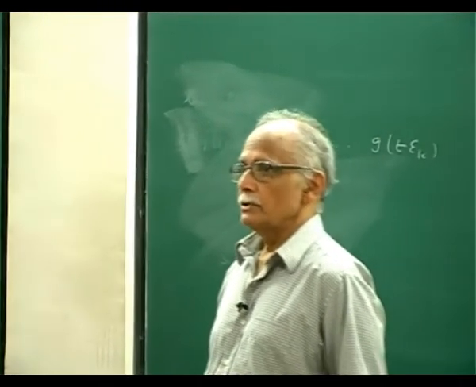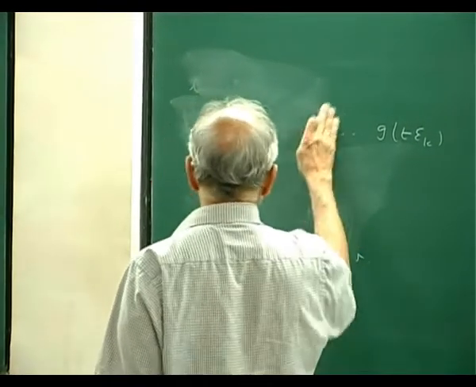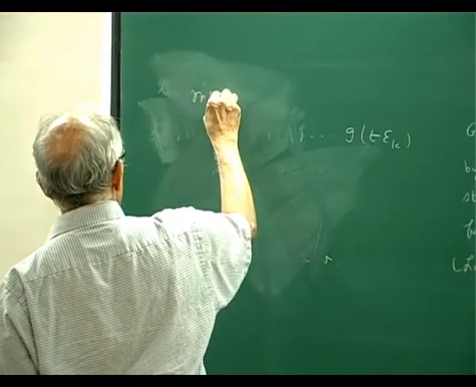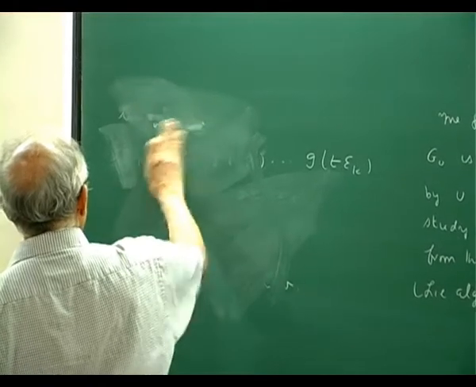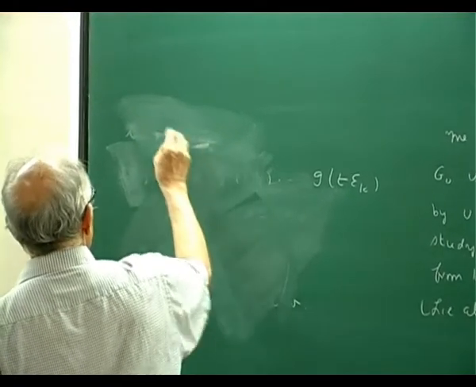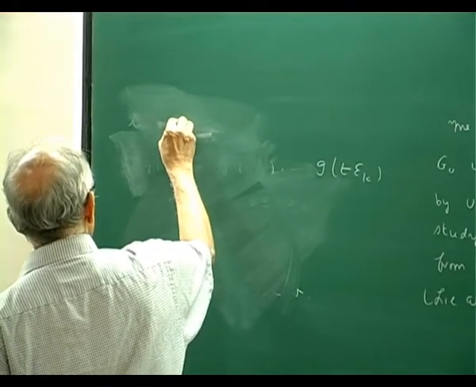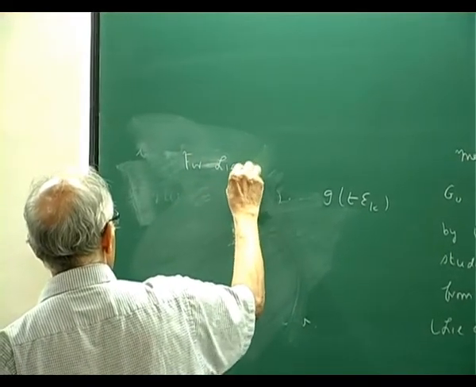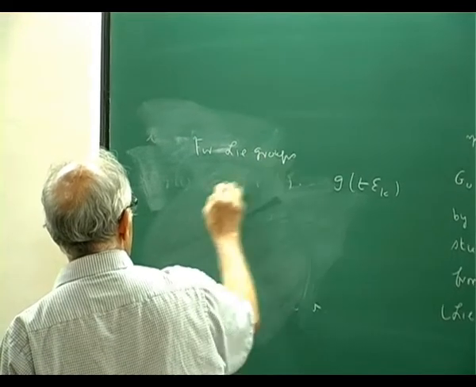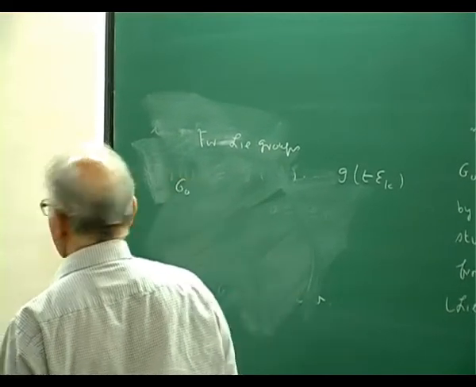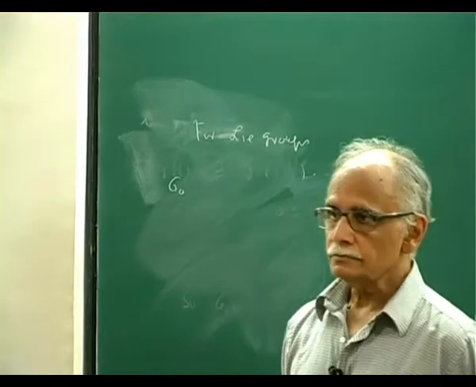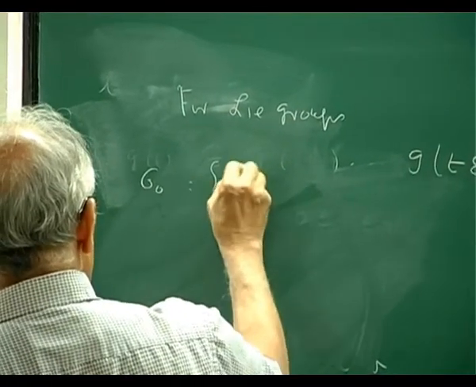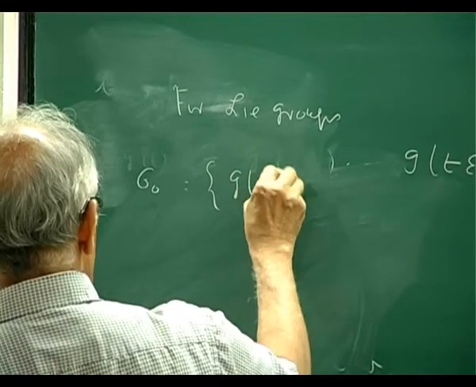So the invariant integration is the following statement, a theorem. For Lie groups, say G0, this consists of g of some parameters a.